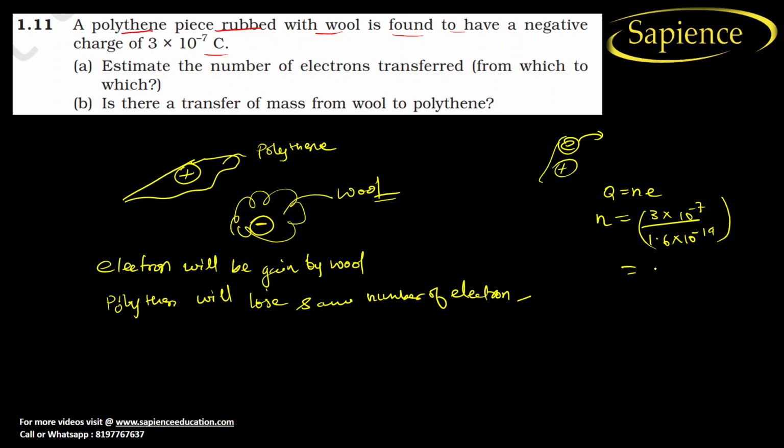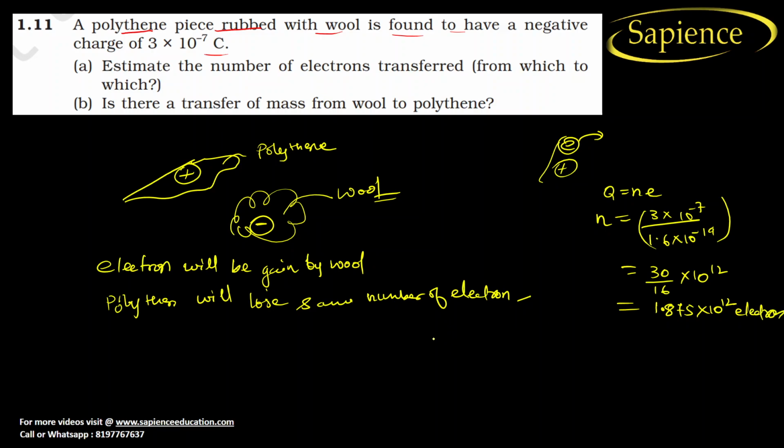This will be 330 by 16 into 10 to the power 12, which is 1.875 into 10 to the power 12 electrons.